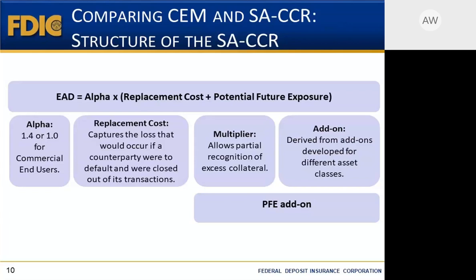Replacement cost captures the loss that would occur if a counterparty were to default and were closed out of its transaction. Multiplier allows partial recognition of excess collateral, and we mentioned before that SA-CCR utilizes netting and offsetting to much larger degrees than SAM. And finally, the add-on is derived from add-ons developed for different asset classes, and the last two elements, multiplier and add-on, result in the PFE add-on.